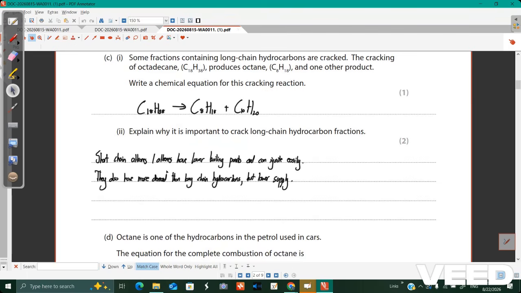Explain why it is important to crack long chain hydrocarbon fractions. Because long chain hydrocarbons are less useful, while short chain hydrocarbons are most useful, and in demand. There are many applications. I can't read what you have written down here.